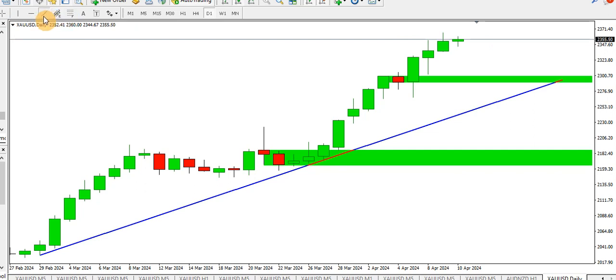So let's assume price drops to this point, buyers will likely push price back up at this order block. And if price continues and breaks that order block, we still have another support level on the ascending trend line, where buyers might also capitalize on that and push price up.